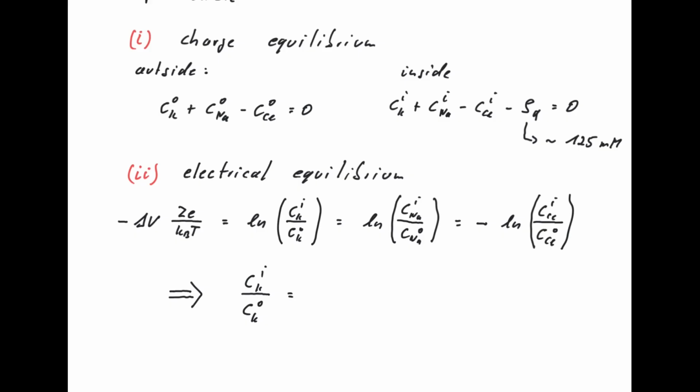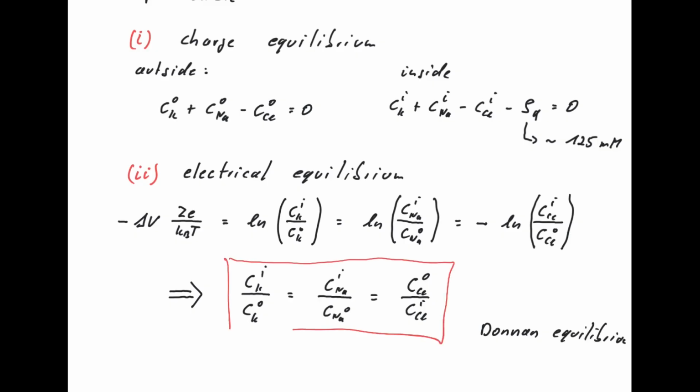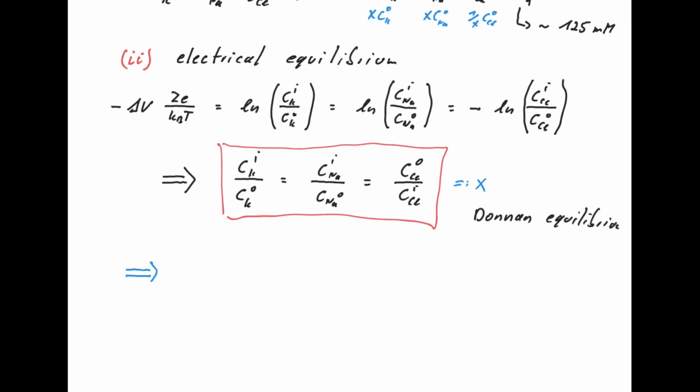Now let's use the Donnan equilibrium to kick out all the inside concentrations in the charge equilibrium by replacing those with the Donnan ratio, which we define as x, times the outside concentrations. Doing so, we now can calculate the value of x using the charge equilibrium that we required before.